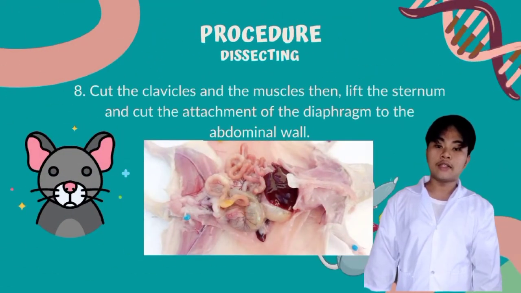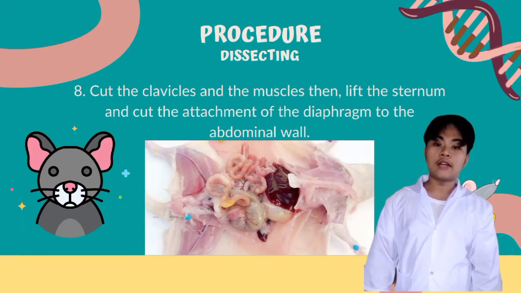Cut the clavicles and the muscles, then lift the sternum and cut the attachment of the diaphragm to the abdominal wall.